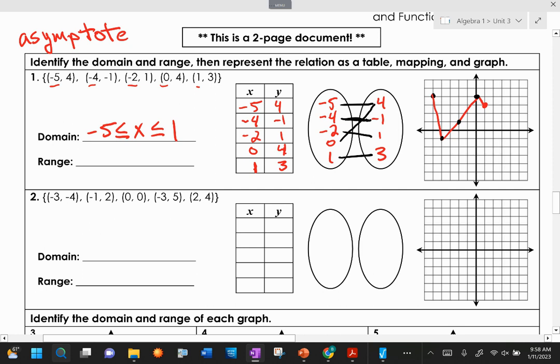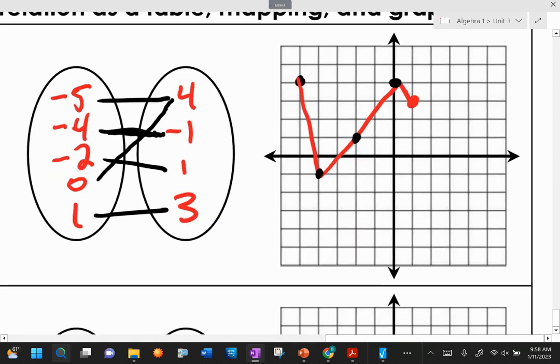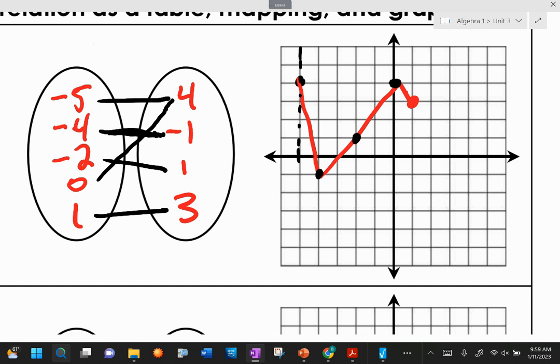Okay, now if you have trouble seeing those, something that I wanted to wait till today to tell you is you can kind of box in your graph a little bit. If you have a closed system, which means I don't have arrows on either side of that line, I can kind of box this in with my low values and my high values. And sometimes it's a little easier to see kind of where the ends and the starts are.